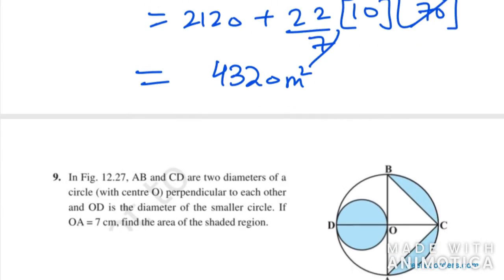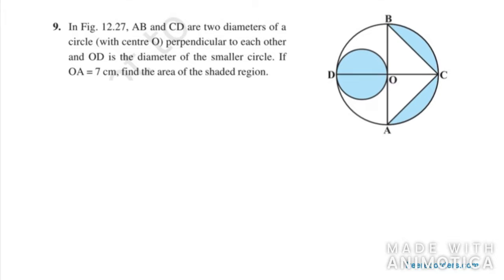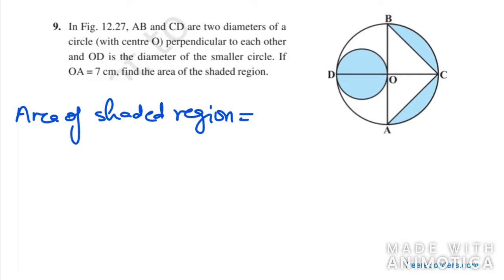Let's move on to question number 9. Now we need to find the area of the shaded region in this case. First of all, I will find the area of the circle with diameter OD here. First of all, I will write the formula for how to find the area of the shaded region in this case.